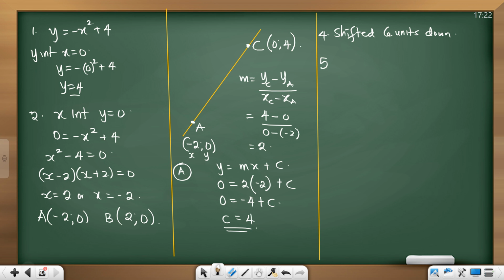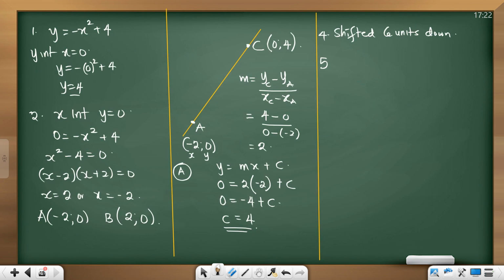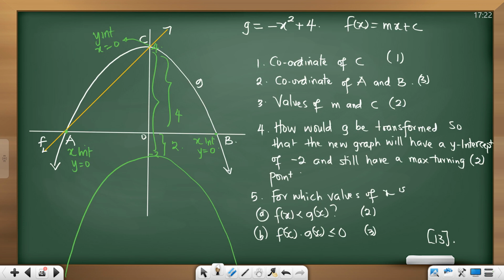Number 5. This is the only one I'm thinking you guys might have a problem with. I want to interpret f of x is less than g of x. Please watch. F of x is less than, we are simply saying f of x is below. So let's go look at our graph. Where is f of x? Our f is the yellow graph.